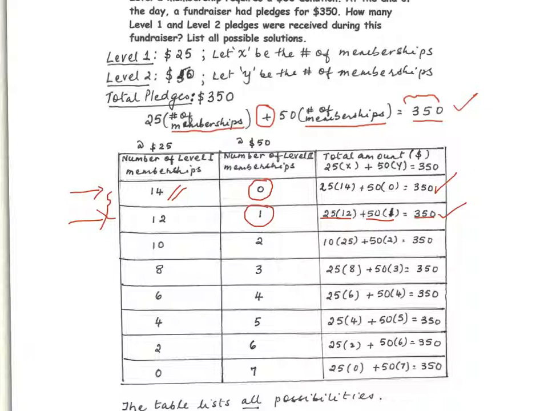And if we, for example, had 13 level 1 memberships, then 13 times 25 is the total amount that we get from level 1 memberships, but that leaves us only $25 to make it a total of $350. And $25 is not going to buy us a level 2 membership. So this is not a possibility. That's why we skip from 14 level 1 memberships to 12 level 1 memberships.